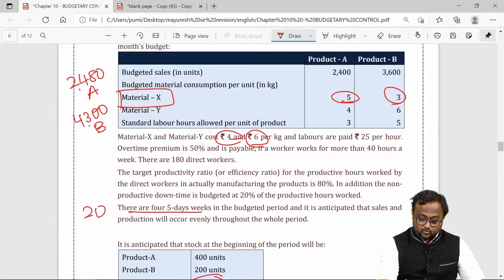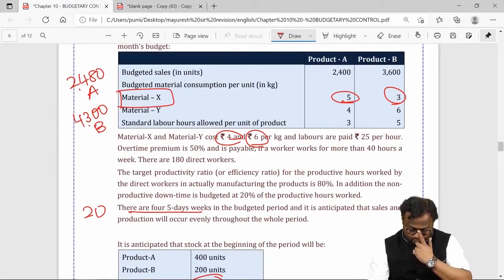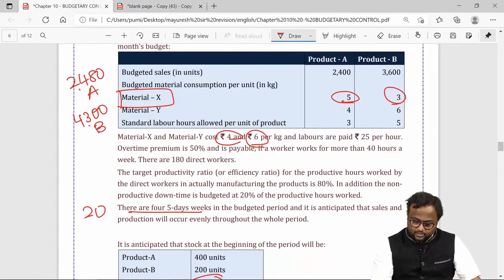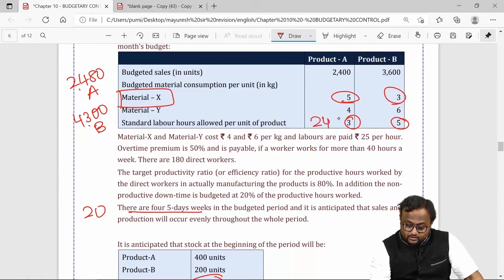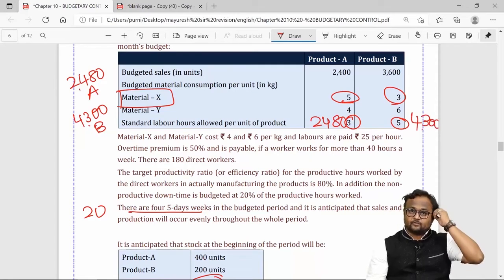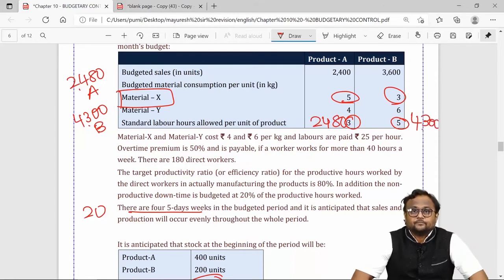After this, they have asked us to go for labor budget. Now, since I already know standard hours, 2480 multiplied by 3 and 4,300 units multiplied by 5 will give you total standard hours.